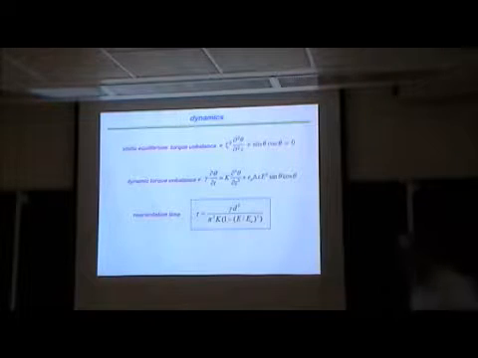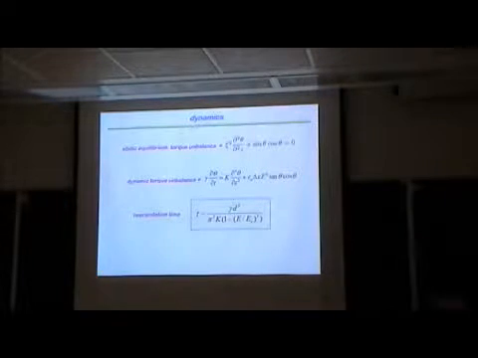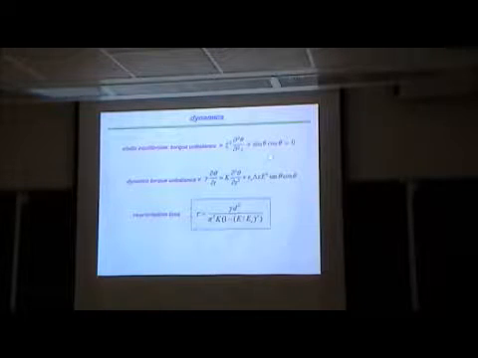Now, in a dynamic situation, you can, for example, switch on the magnetic field quickly. Then there's an imbalance of torque. This quantity will no longer be 0 until it gets to equilibrium.